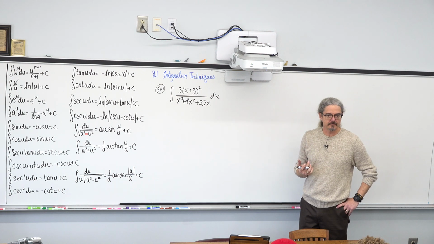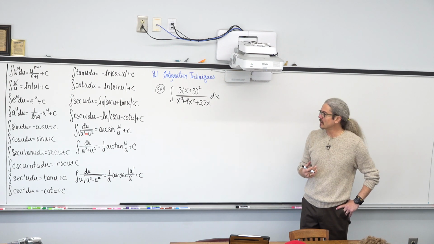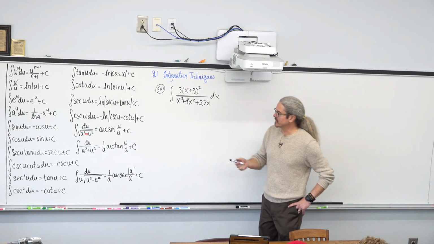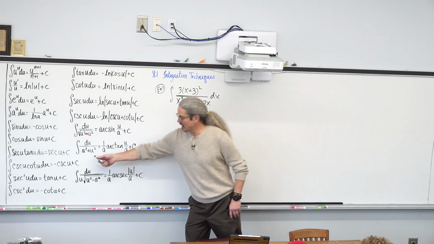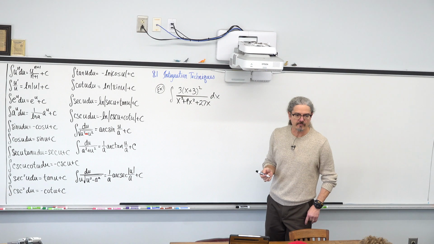What rule does it seem like we're going to use to do this integral? Arctan's a possibility. There were some problems at the end of chapter 5 where we had to do some completing the square to get a sum of squares, but we're not going to have to go that far.